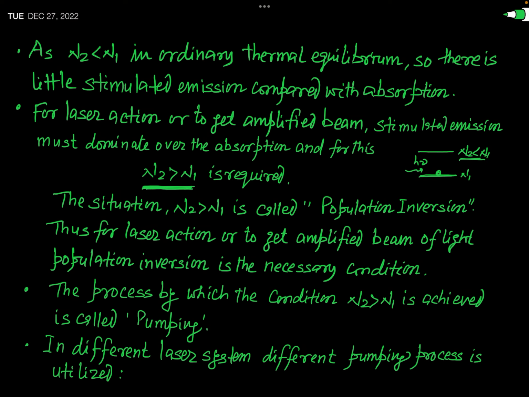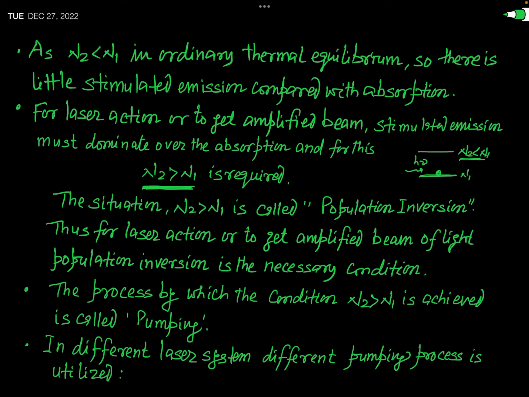So we simply say that population inversion is the necessary and sufficient condition for laser action, or to get an amplified beam of light. This population inversion is the necessary condition. In one sentence, if your aim is to get a highly amplified laser beam, then population inversion is a must.